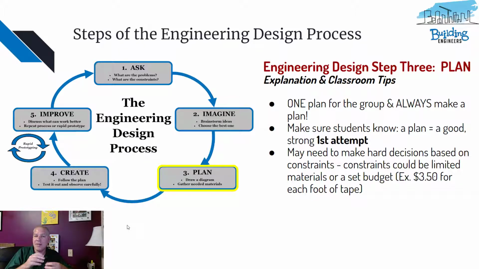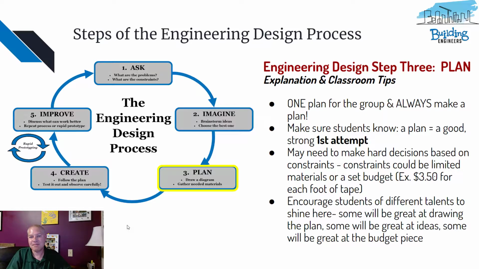For example, they may not use all 24 inches of tape for this particular activity. They may try to use 12 or 16, and that gives them some leeway so that when they actually create this item, they have some backup plans, and they have some materials that they can use to fix things as things go wrong. As students start doing this, they start thinking very critically like this.